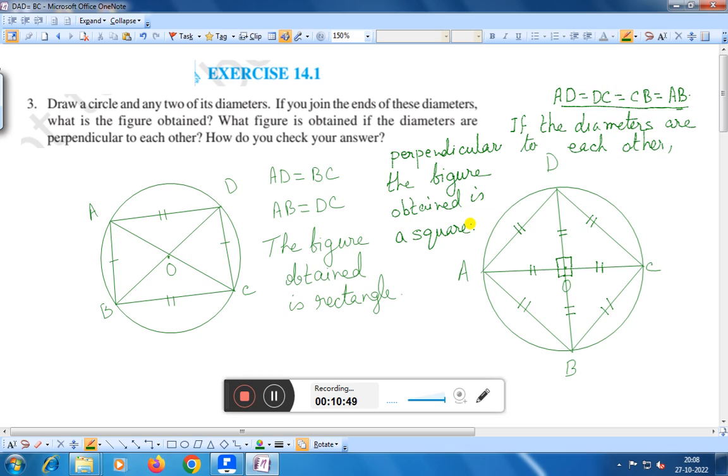Right? Besides that, we can also take the help of the property of a square. What is that?